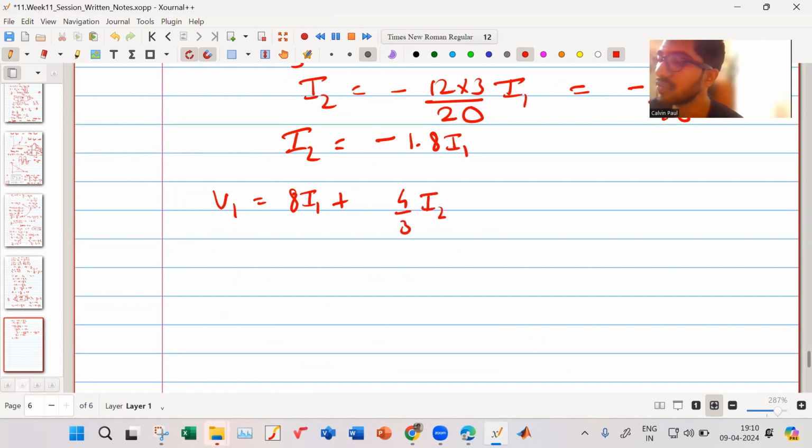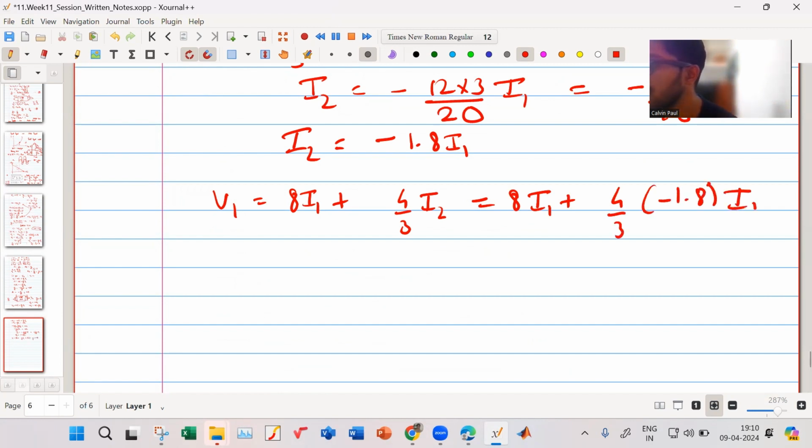So I did all this work just so that I can find I2 in terms of I1. So I get V1 is equal to 8 I1 plus 4 by 3 into minus 1.8 I1. So what will I get as a final answer?